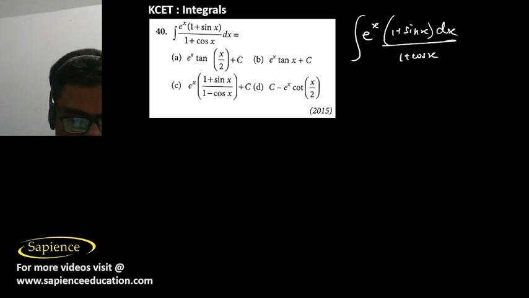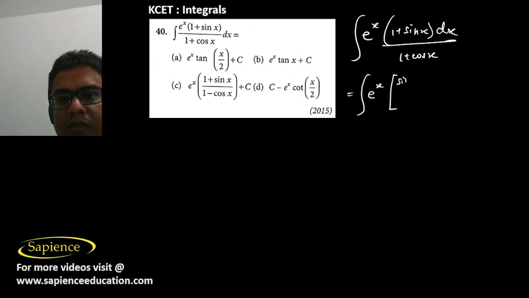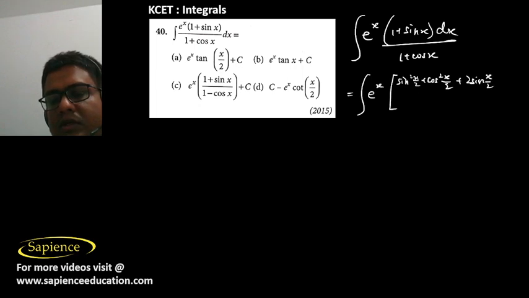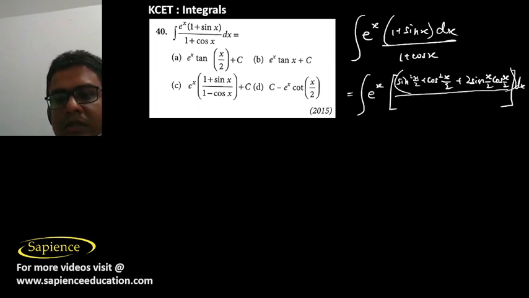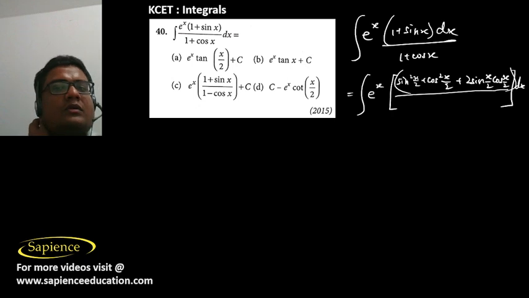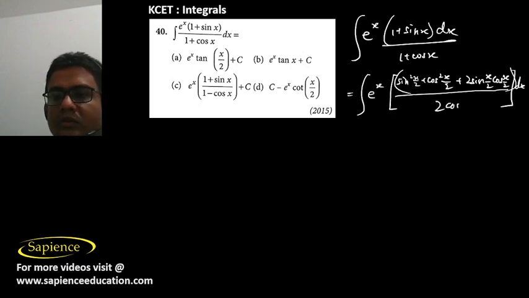Now this we can write as e power x into 1 plus sin x, which is sine square x by 2 plus cos square x by 2 plus sine x, which is 2 sine x by 2 into cos x by 2, dx divided by 1 plus cos x. 1 plus cos theta is 2 cos square theta, so this is 2 cos square x by 2.